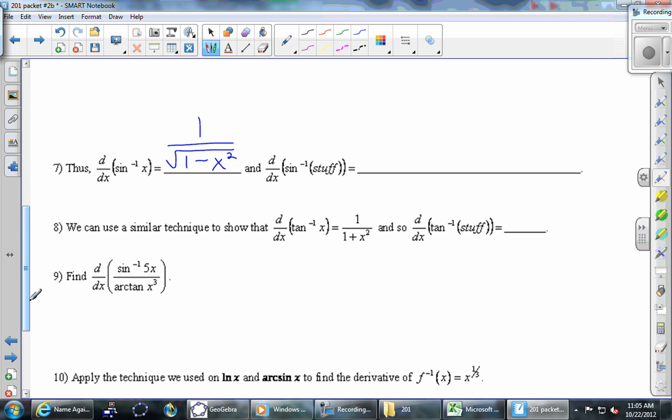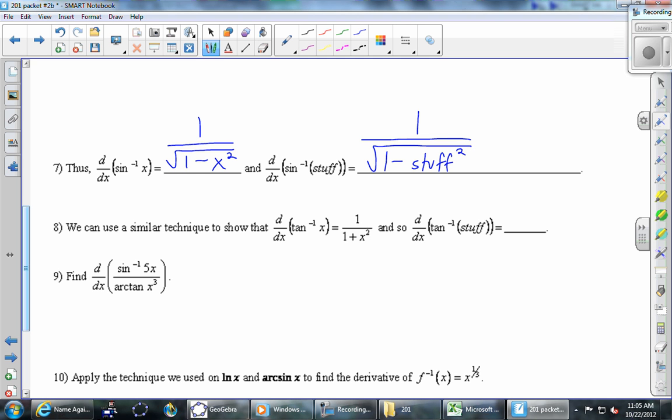Okay, can you guys fill in the chain rule version of that new rule? This is now, instead of inverse sine of x, it's inverse sine of stuff. So stick in the derivative of inverse sine of stuff. Okay, how does it start? 1 over square root of 1 minus stuff squared, right?